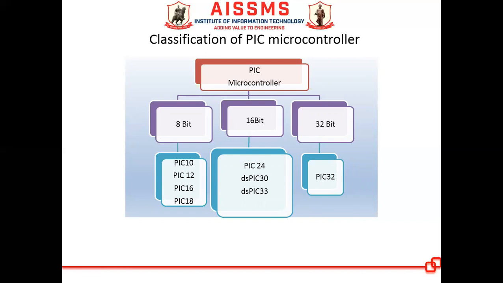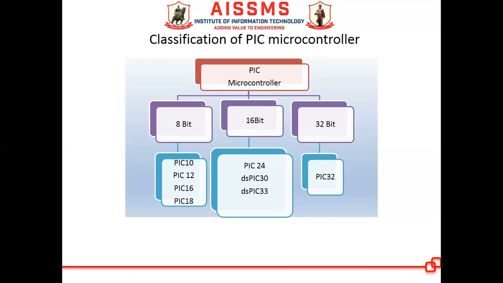One is 8-bit microcontroller, the second one is a 16-bit microcontroller, and a third is 32-bit microcontroller. In an 8-bit microcontroller, there are different flavors, PIC 10, PIC 12, PIC 16, and PIC 18 microcontroller. In this video, we'll be taking a look at PIC 18 microcontroller.